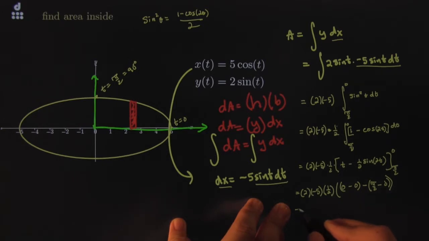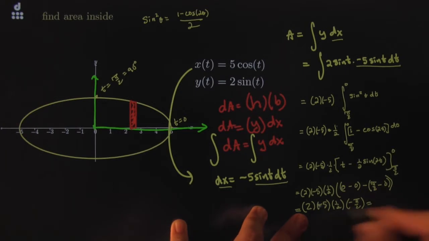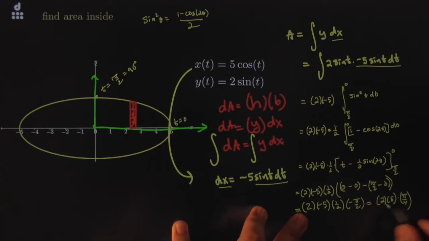For a grand total of 2 times negative 5 times 1/2 times negative pi over 2, which can be cleaned up just a little bit without pattern hiding: 2 times 5 times pi over 4.